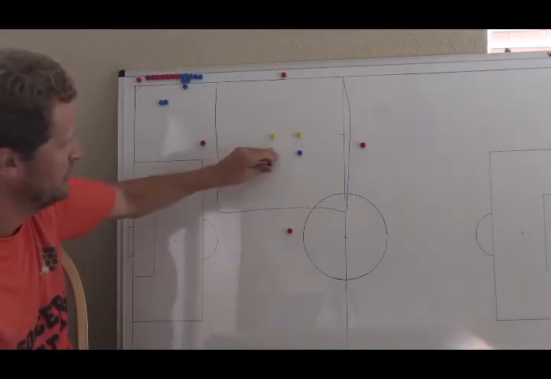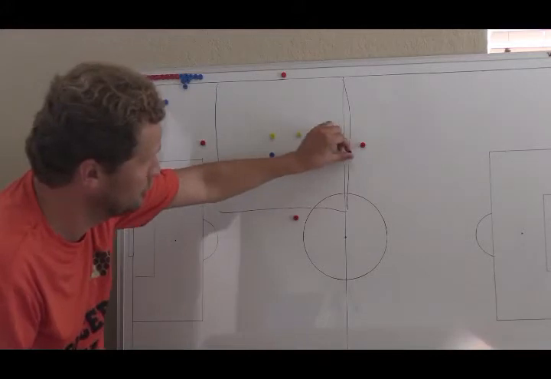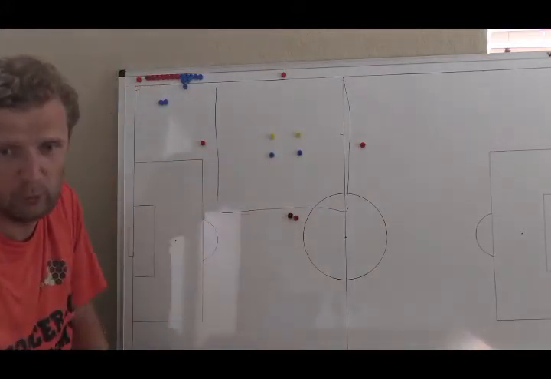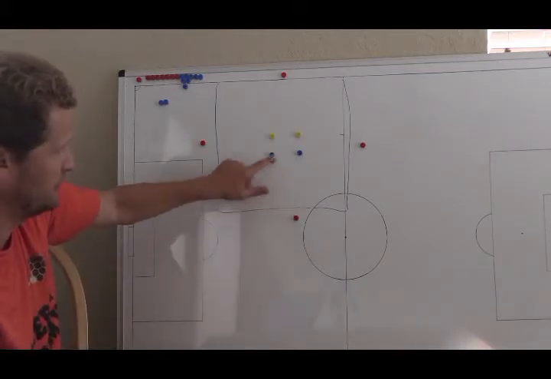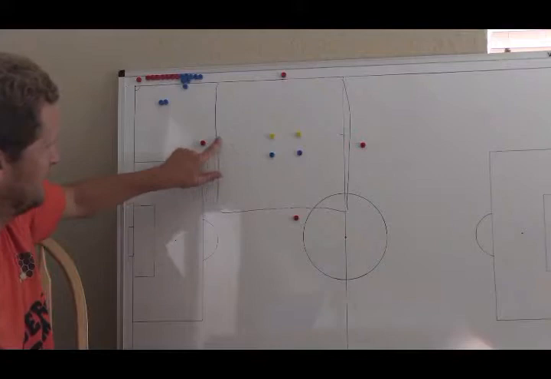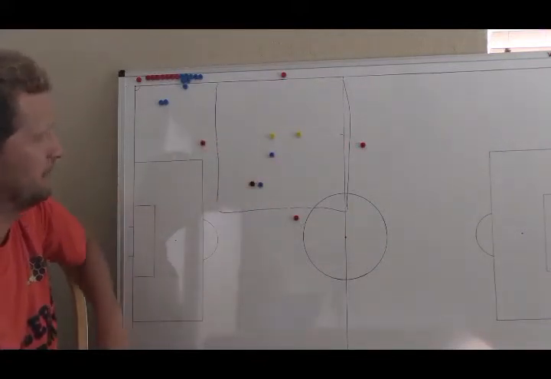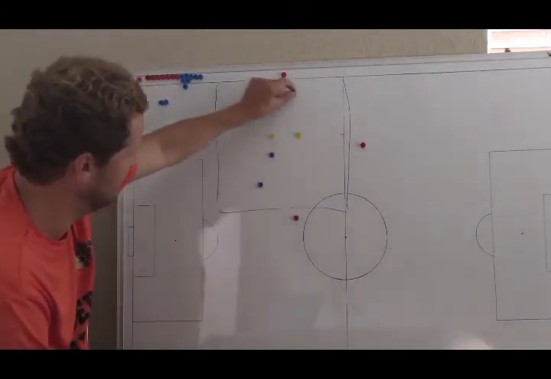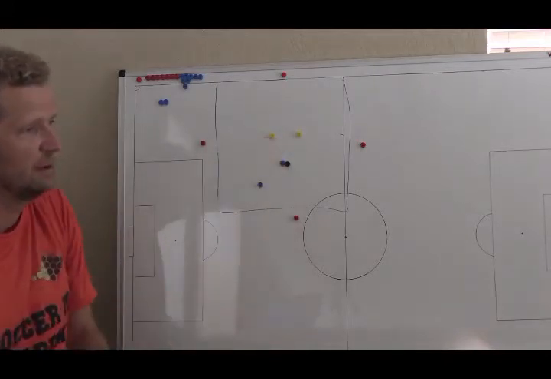This is a ball. So these red players cannot play back to each other. The neutrals have to find the player from the team which has the ball in possession. So if blue have the ball, they can play to this red, open up, play here, move the ball here, but between red you can't play like this. You have to play into the middle.